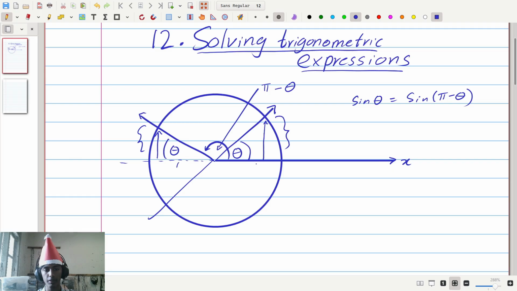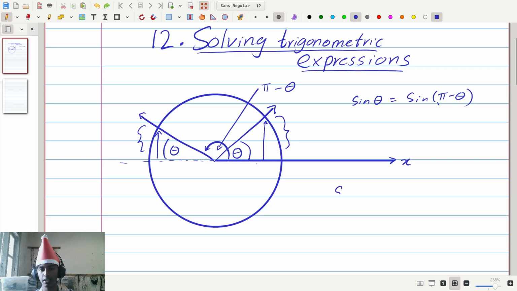This length which I marked here is the same as sine theta, but you will notice it is in the negative direction. So here actually the value is negative. So we don't want that, we want the exact same value, meaning the one we're interested in is sine theta equal to sine of pi minus theta. This could be our other angle B.